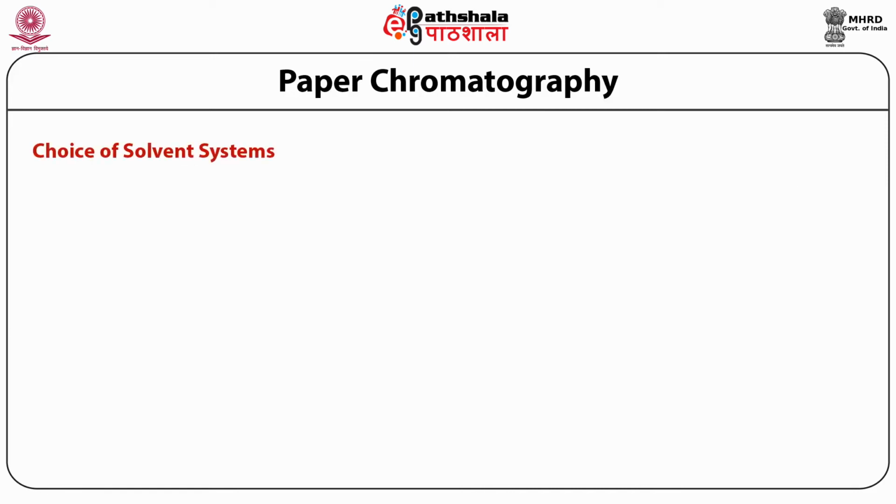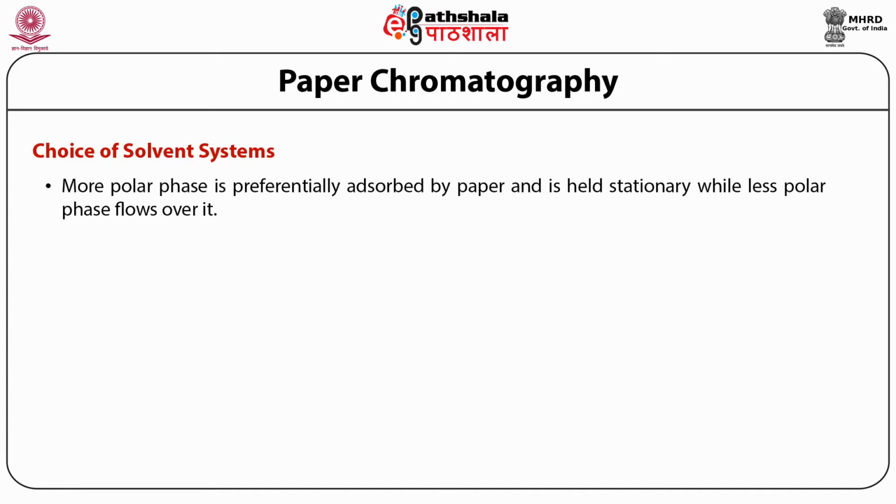Choice of solvent system. The important thing here is how to select the solvent system to be used for separating the components, or for development. The more polar phase, usually water, is preferentially absorbed by the paper and is held stationary, while the less polar phase flows over it.